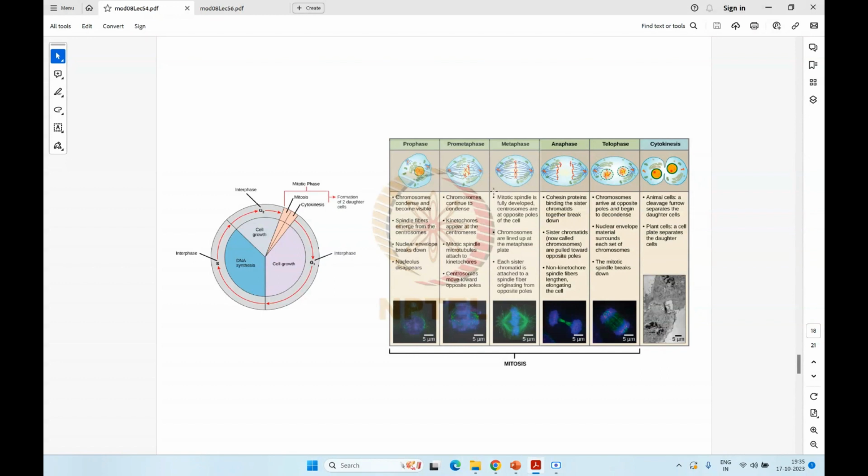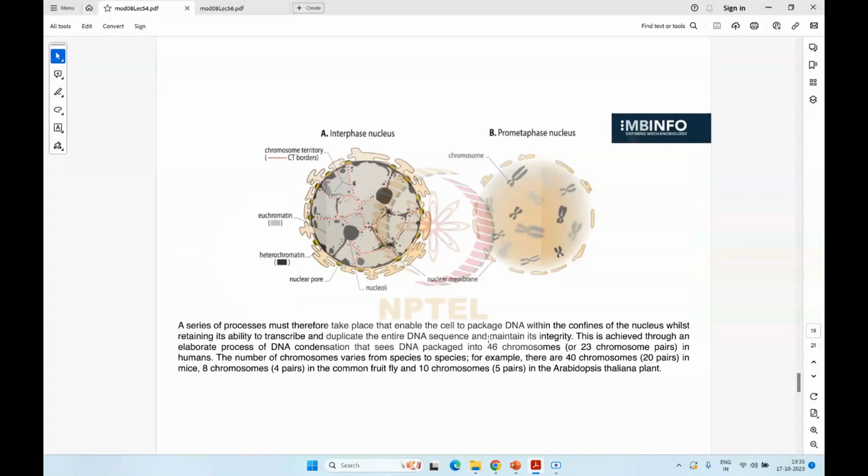would then attach to these chromosomes, and then the spindle fibers are going to pull apart these two sister chromatids. So if this is a chromosome that is going to be separated during the cell division, the spindle fibers would attach here, and then they would pull.